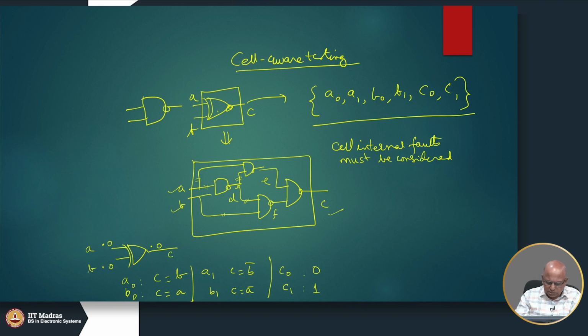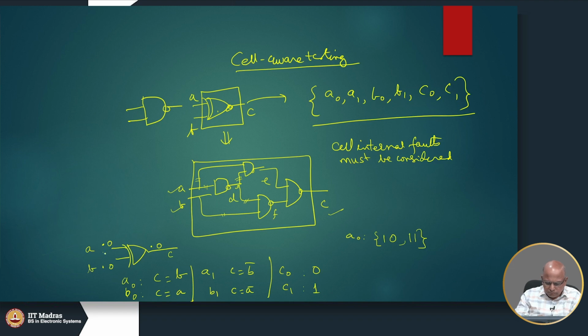What about dominance? Let us look at A stuck at 0. What is a good test vector for A stuck at 0? We have to apply 1 here to activate the fault. And frankly speaking, B can be either 0 or 1. So, both 1 0 and 1 1 will work.